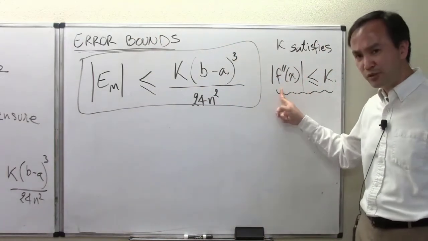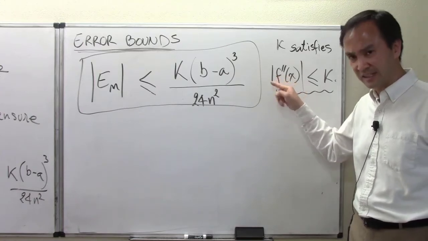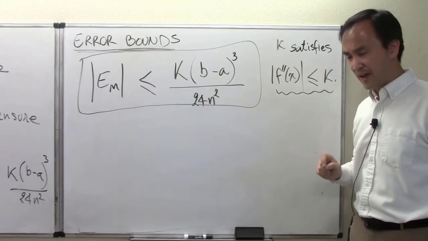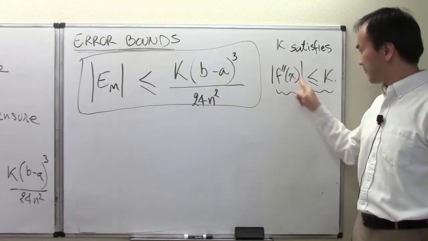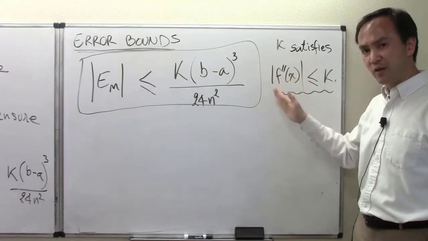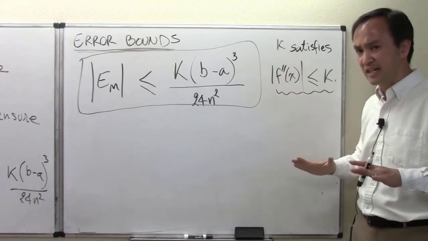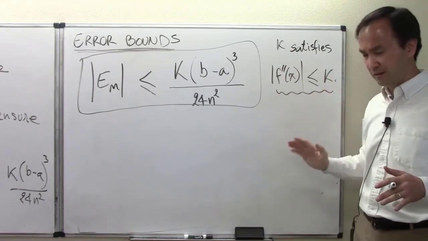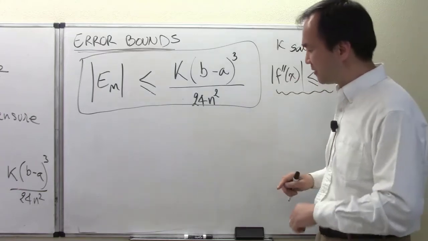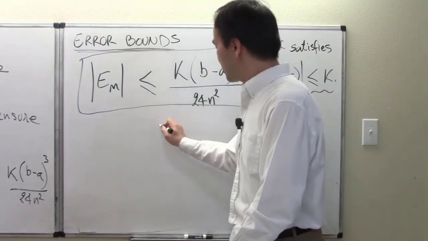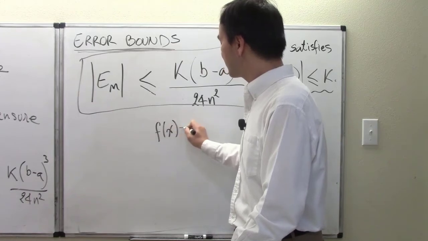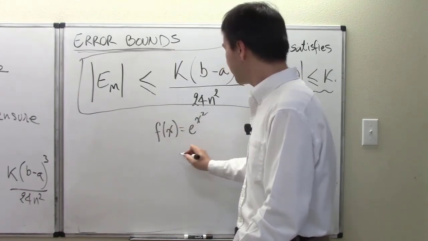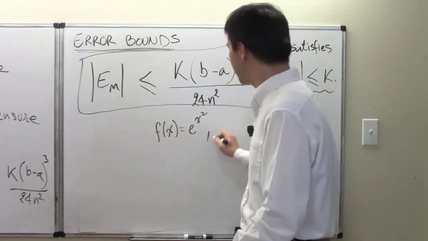So we have to get the f double prime of x from our previously recognized f of x from the other board. Once we have the f double prime, there will be ways. At this point there is no one unique way; there are many ways to recognize that K. For this particular problem, allow me to point it out as follows. We knew that f of x is e to the x squared, and so that means f prime.